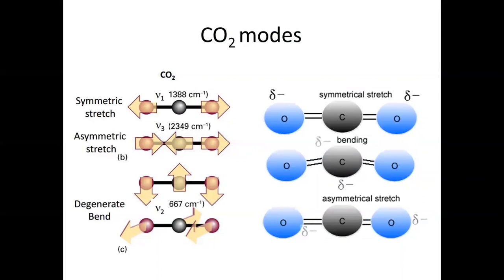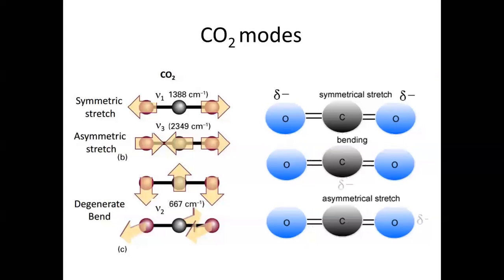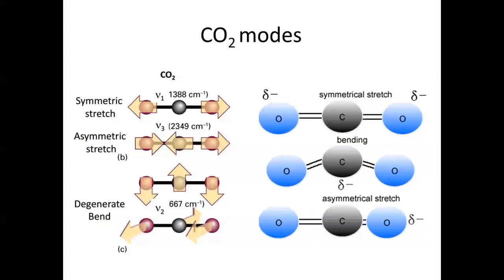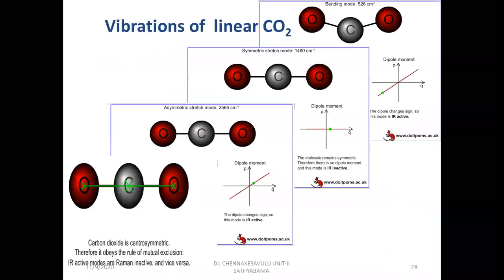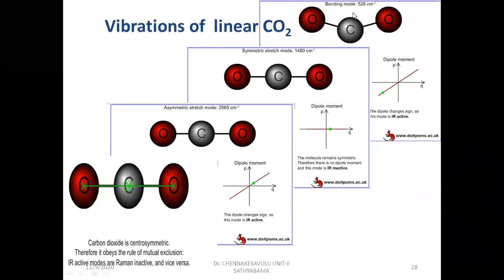Okay, symmetric and asymmetric: 2349 is asymmetric and 1388 is symmetric. So really, if you see the carbon dioxide IR spectrum, how it will be, just we will see. Symmetric 2565, symmetric 1480, and bending vibration 5 to 6.